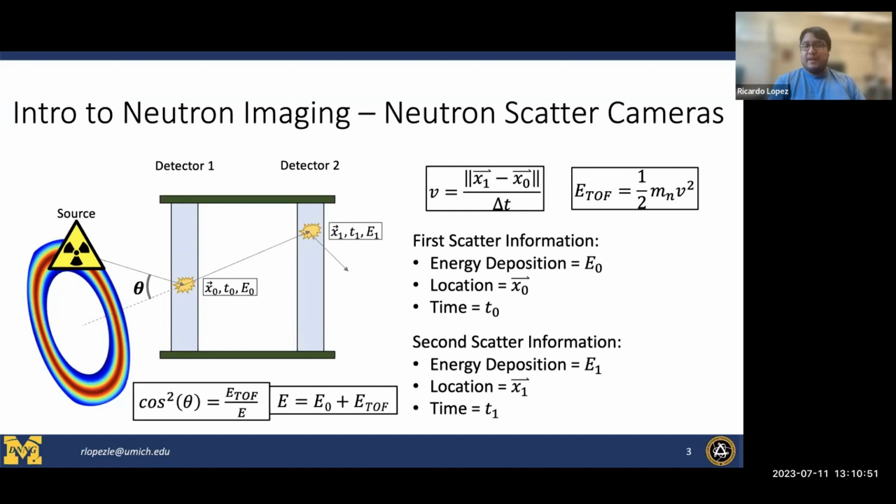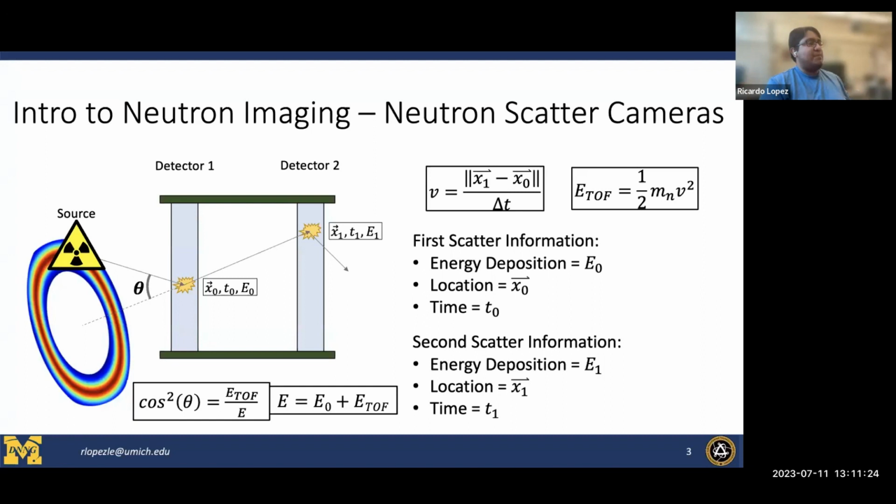And then based on some kinematics, you're able to figure out that the ratio between the energy at time of flight over the total energy of that neutron corresponds to the incident angle of that particular neutron, which is pictured here on the left, where you have this lever arm, which is the vector between the two scatter events. And then with respect to that, you have some angle theta, which is the scattering angle.